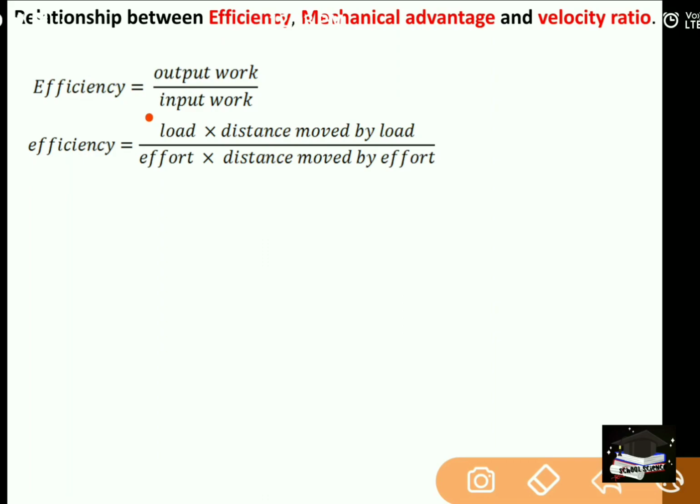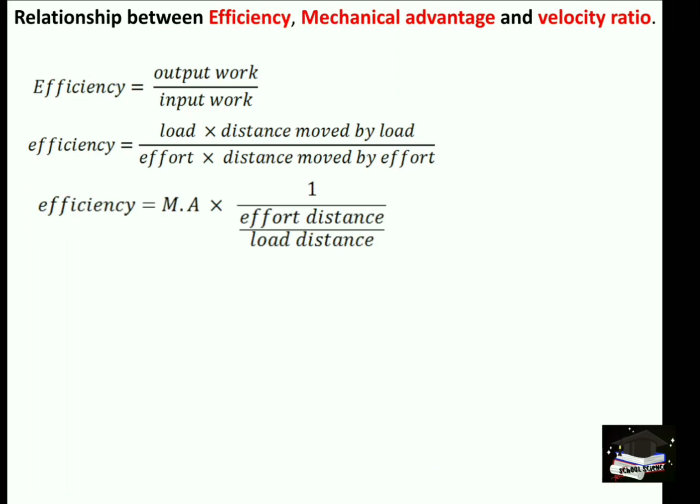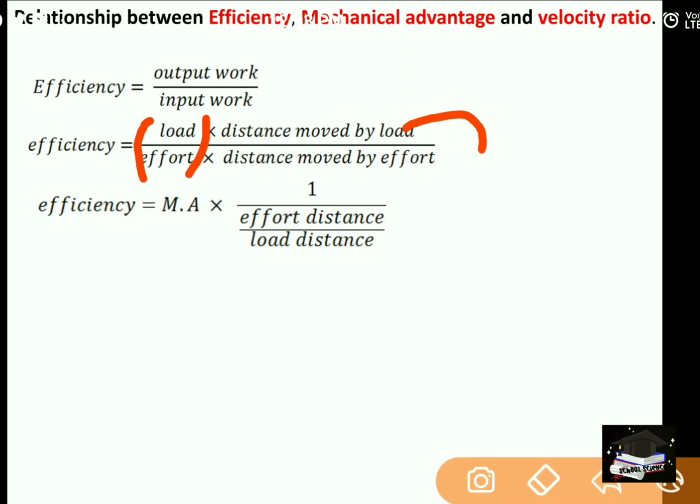Now look at this carefully. What is load by effort? Load by effort is mechanical advantage. So in place of load by effort we write mechanical advantage. The distance moved by the load goes to the denominator, so the expression becomes mechanical advantage into 1 by distance moved by the effort by distance moved by the load.